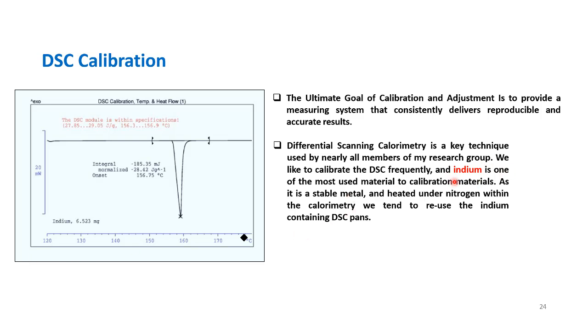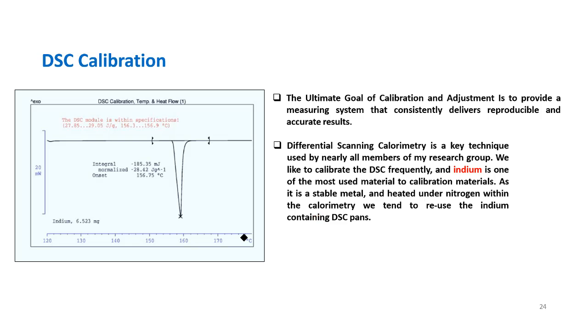We mostly use indium, and it is heated under nitrogen within the calorimeter to reuse the indium-containing DSC pans. We normally heat it in nitrogen because we want to reuse it and we do not want any reaction to occur, just to calibrate the instrument.